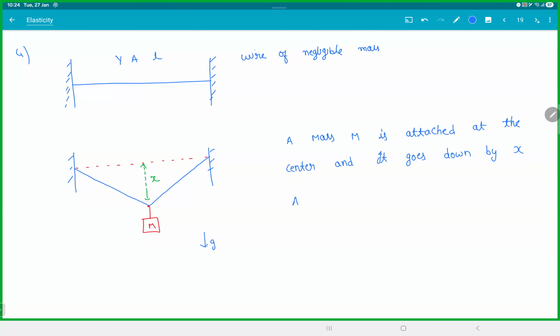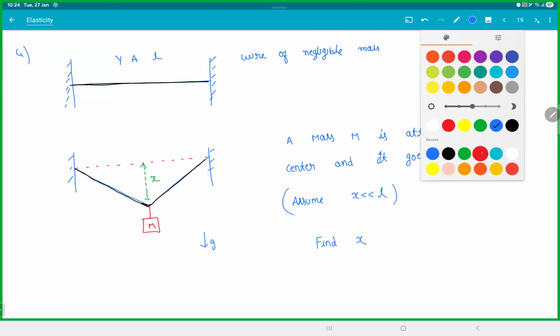Assume x is much smaller than L, so you can use binomial approximations. Find x. So we got a wire between two walls. It is massless, so initially it remains flat. Once you attach some mass in the middle you get a triangle like this. If x is very small, find x. Again, when I say very small, compared to the length.